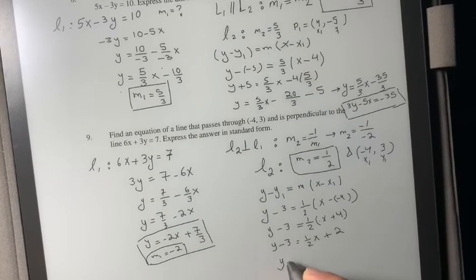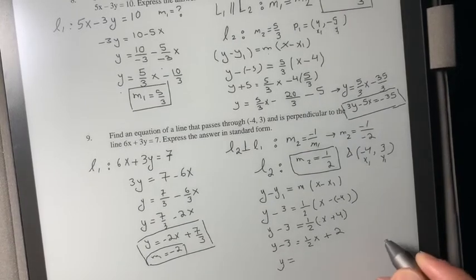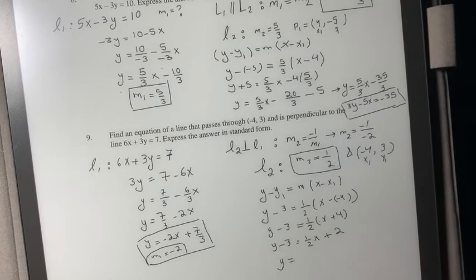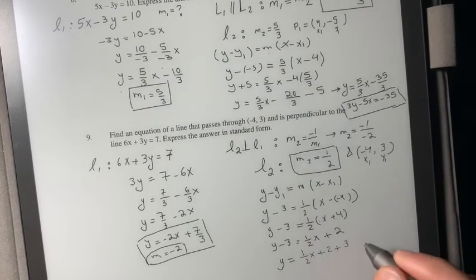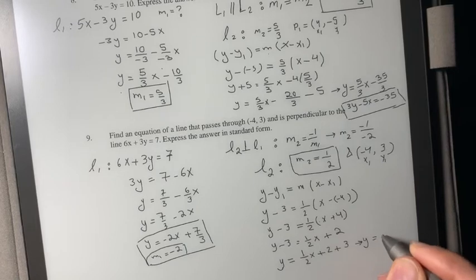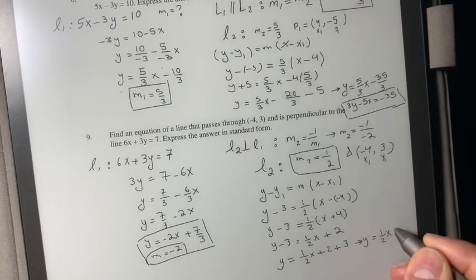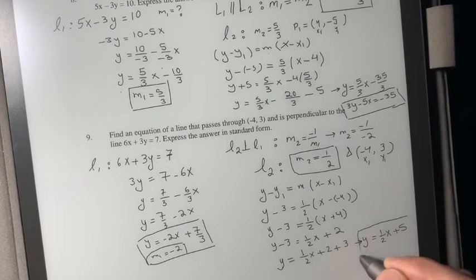Then I'm going to bring this to the other side, meaning we are adding 3 to both sides. 1 over 2x plus 2 plus 3. So what we have is y equals 1 over 2x plus 5.